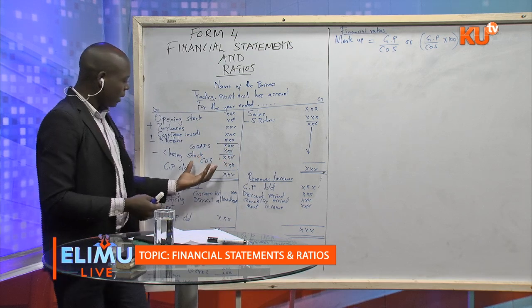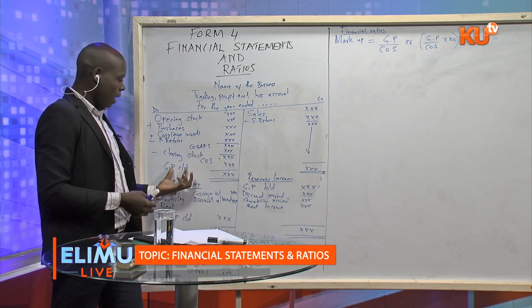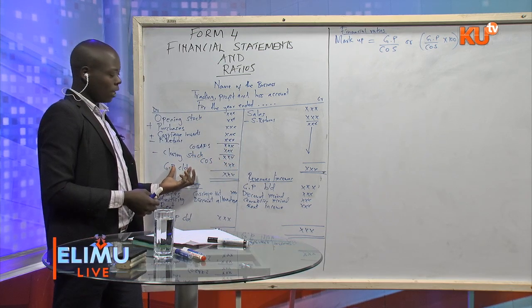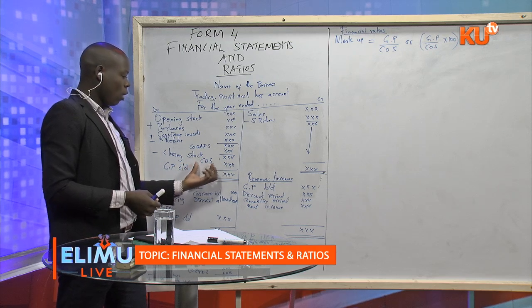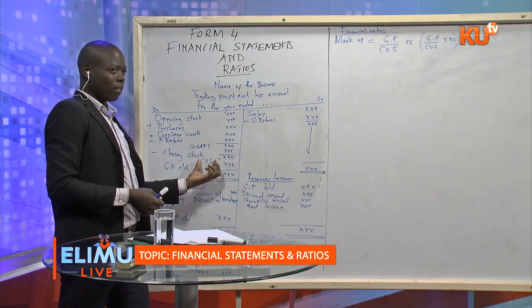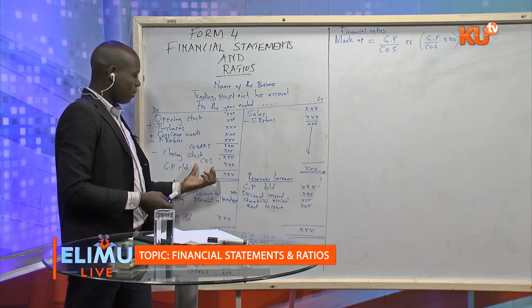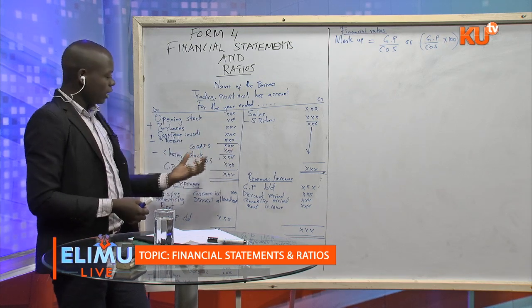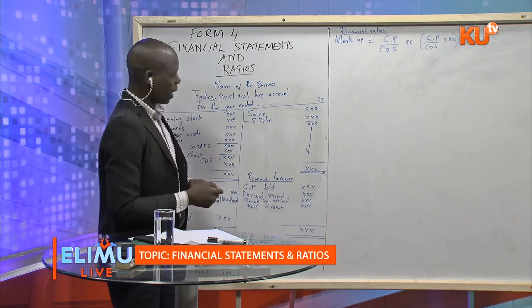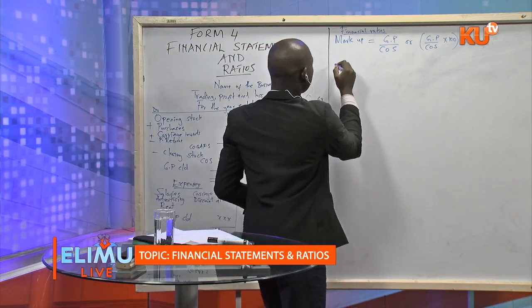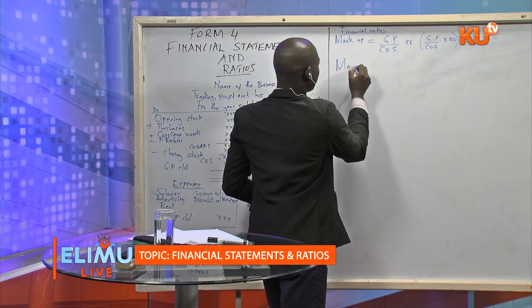So you'll simply take this figure and compare it with this figure. If this is 50 and this is 100, then we take 50,000 over 100,000. That will give you the markup. Either as a percentage, you multiply by 100, or you leave it as a fraction, it will still be okay.